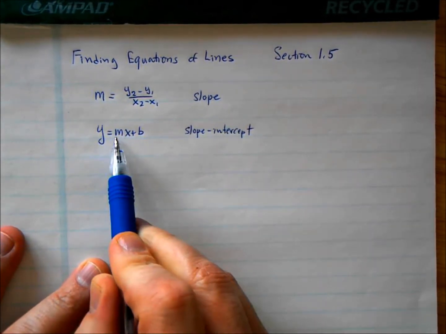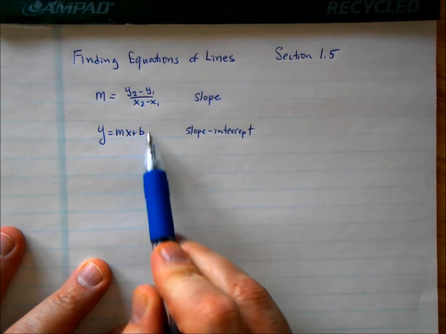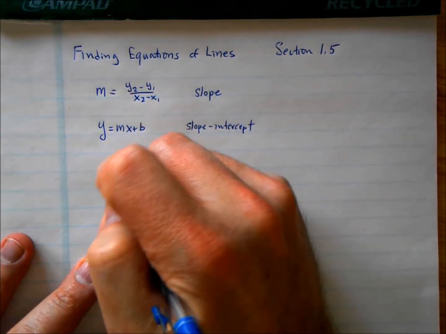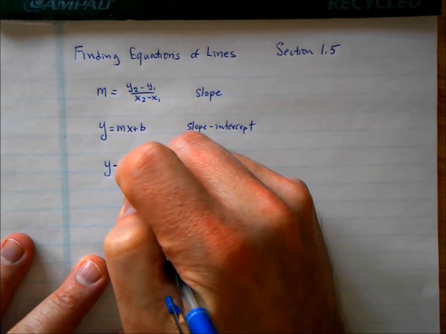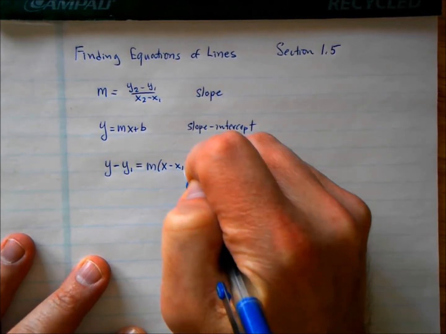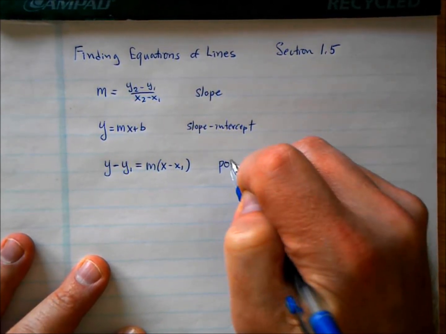Slope, because m is the slope, and 0, comma b gives you the y-intercept. And then the third one, and this one's probably a new one for most of you, y minus y1 equals m times x minus x1. And this one is called point slope.